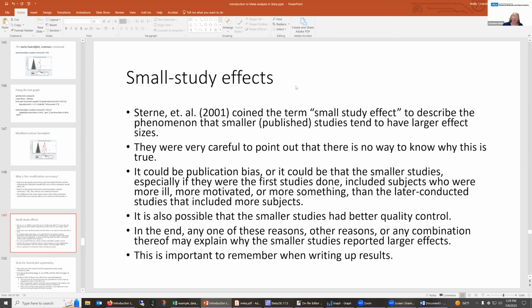I remember when I was doing primary research, the smaller studies, we had much better control than once we got lots of people on the project and lots of people running subjects. I can really see where that would be true. In the end, though, any one or some combination of these reasons, other reasons may explain why the smaller studies reported larger effect sizes, but this is an important thing to remember when writing up your results.